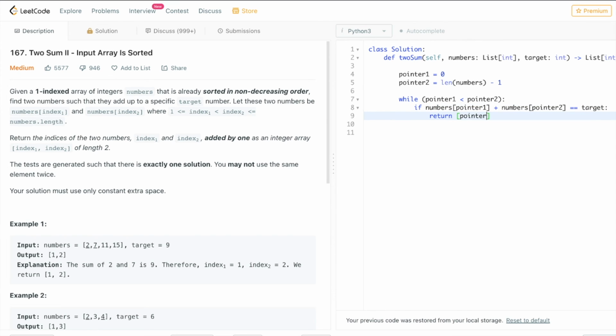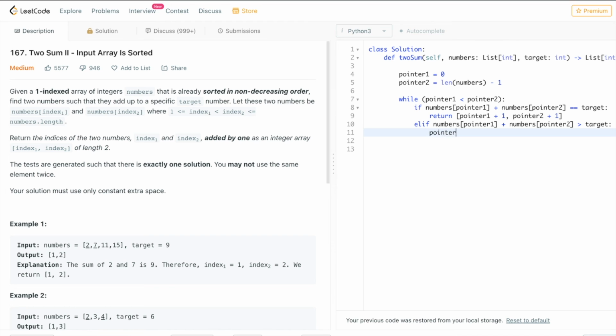So pointer 1 plus 1, since it's one-indexed, pointer 2 plus 1. And then if numbers at index pointer 1 plus numbers at index pointer 2 is greater than the target value, well, then we would just like to move the right pointer.